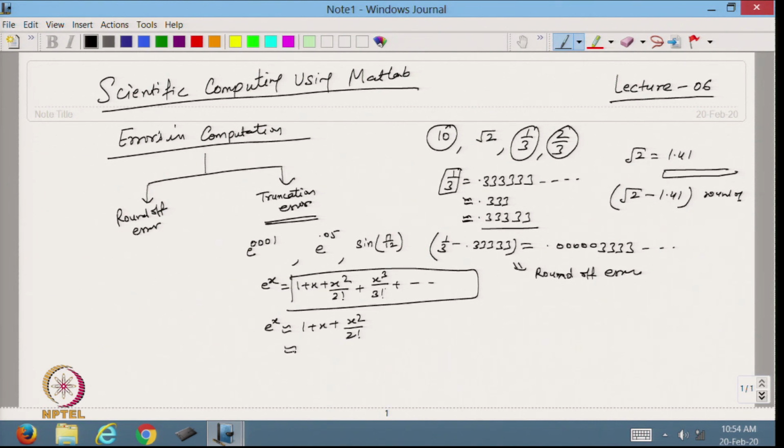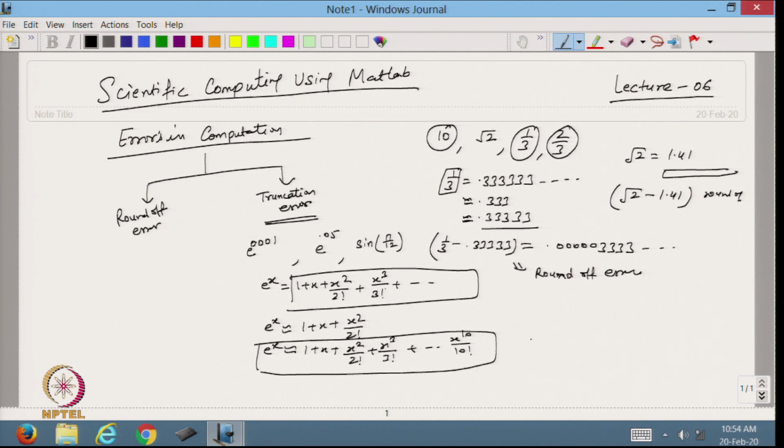Or maybe if I want more accuracy, I will take more terms, x cube by 3 factorial, and suppose I go up to x to the 10 by 10 factorial. So I am approximating my exponential function with a polynomial of degree 10.